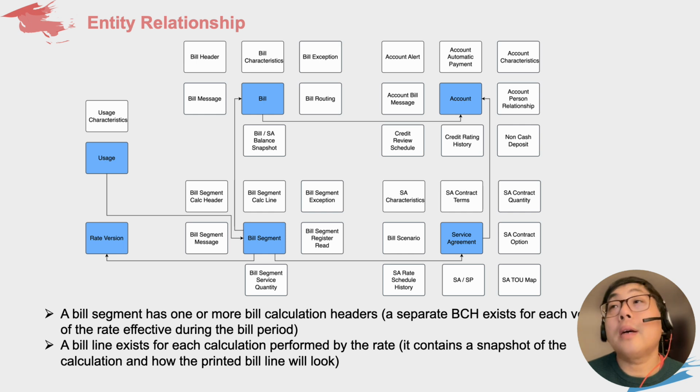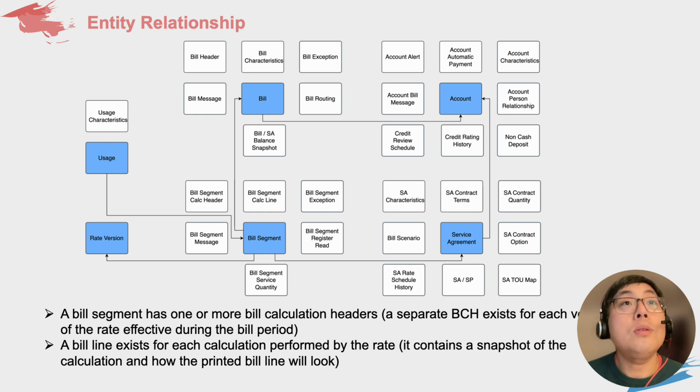The bill is on account level, the bill segment is on service agreement level, and what you can see is the bill segment is linked to the usage, which in C2M requests the MDM for the consumption calculation. And once the consumption is retrieved, it applies the rates to calculate the bill. Okay, so it's a very simple one at this stage.